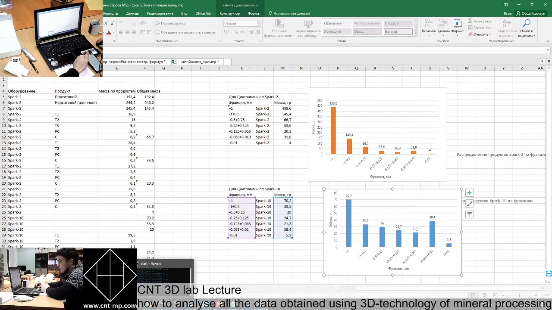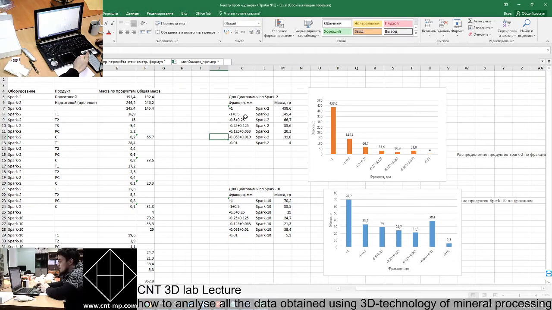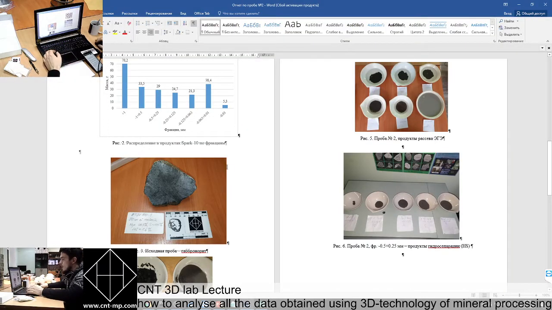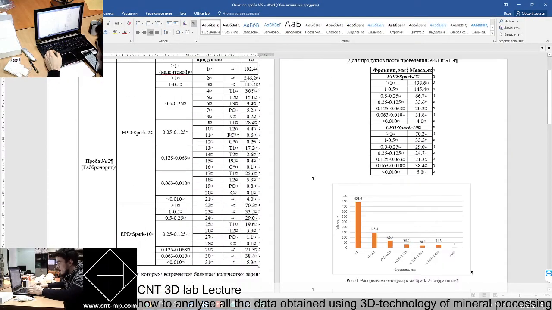And more than that, after we build the registry, the grain size distribution tables and histograms, we build a smart report about the work we've done.